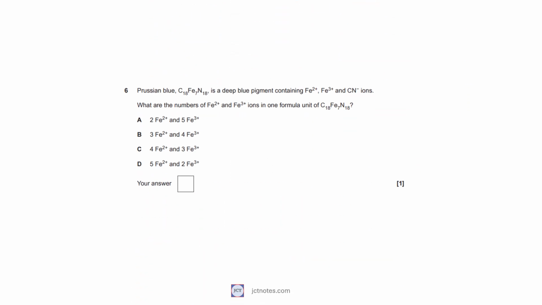In question 6, we have the formula of Prussian blue. It is made of iron(II), iron(III) and cyanide minus 1 ions. We need to find the numbers of iron(II) and iron(III) in one formula unit of Prussian blue. From the formula, we know that there are 18 cyanide minus 1 ions, therefore the iron(II) and the iron(III) ions need to neutralize these 18 negative charges.